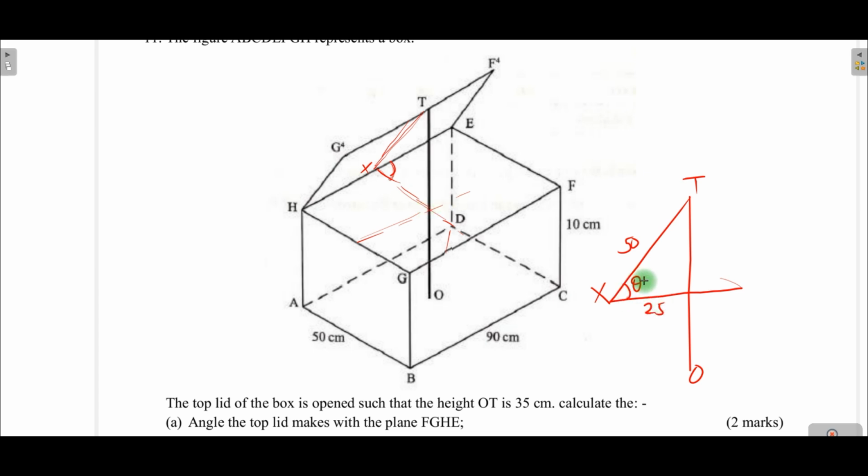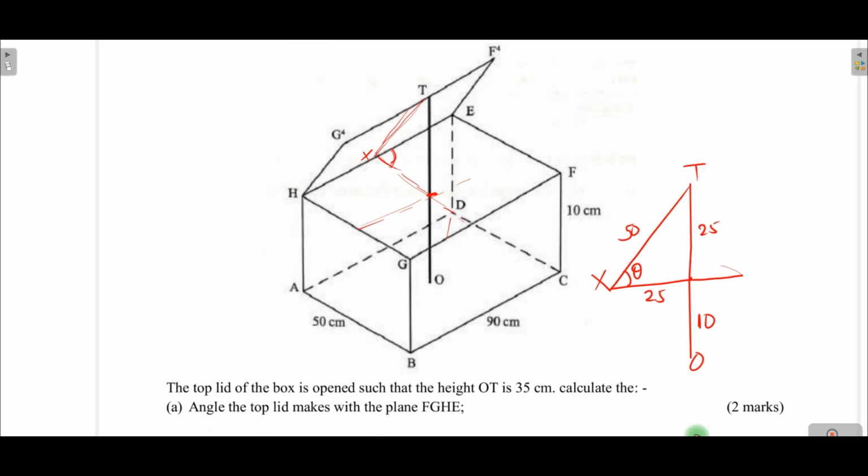We need to get this angle. Again, from C to F, so from O up to this point, that is 10, and from this point up to T, that will be 35 minus 10, that is 25. So we can use a simple trigonometric ratio and work it out.